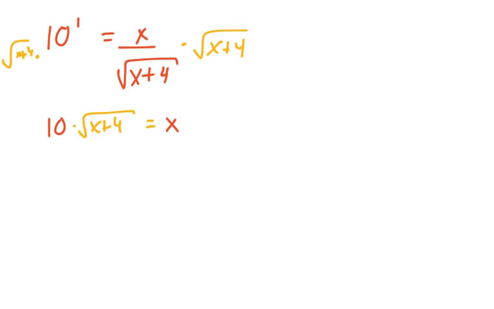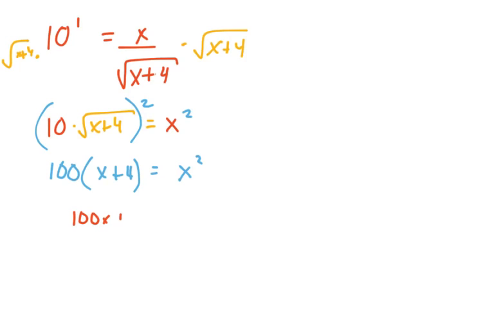Then, because we can't really have a square root in order to solve, we're going to square both sides. And so if we square both sides, we end up with 100 times x plus 4. So distributing that, we're going to get 100x plus 400, and that's going to equal x squared.